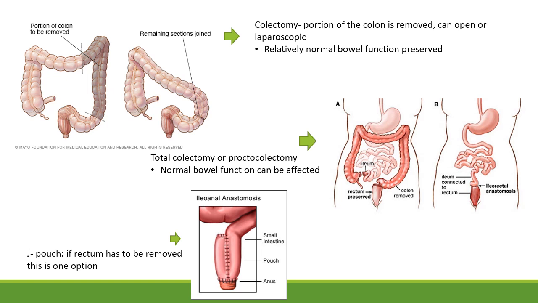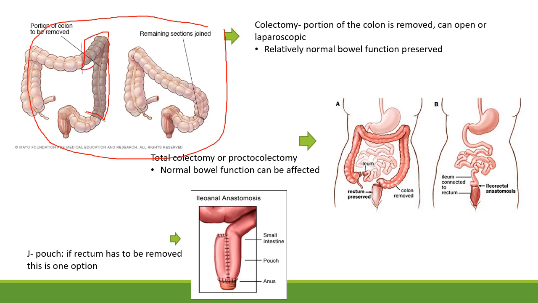So here you see a colectomy where a portion of the colon is removed, and that can be open or laparoscopic. And when this happens, with a colectomy, the patient has relatively normal bowel function preserved. So in this case, they showed you they had removed from here to here.